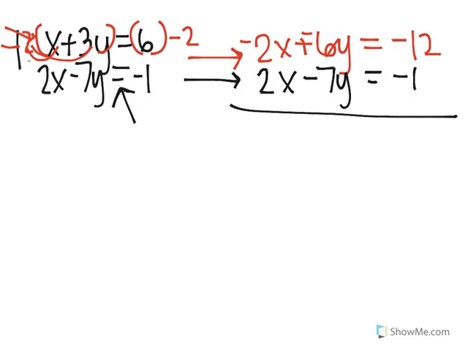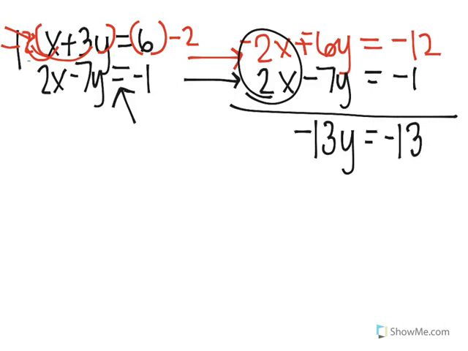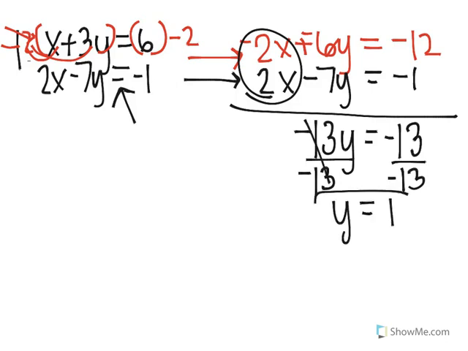So -2 plus 2 gives me my 0 pair that I'm looking for, and I end up with -13y equals -13. And then I divide by -13 on both sides, and I end up with y equal to 1. So I can still eliminate even if I don't see common coefficients, because I can make those common coefficients.